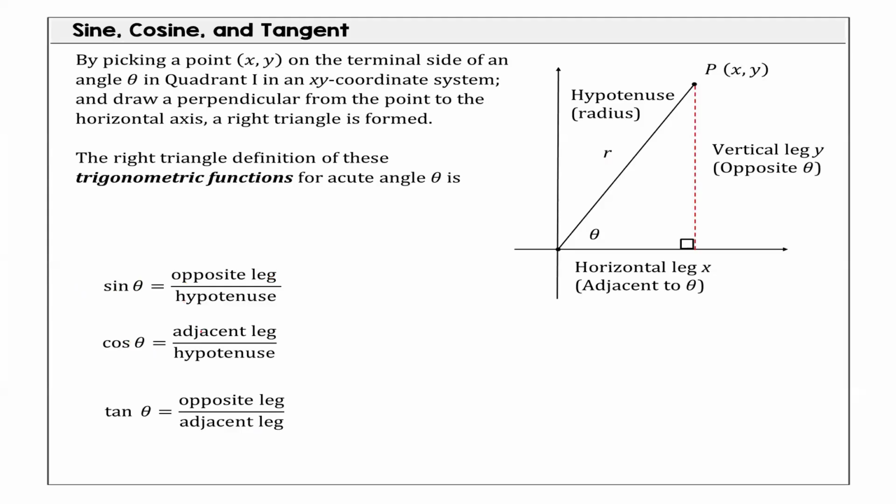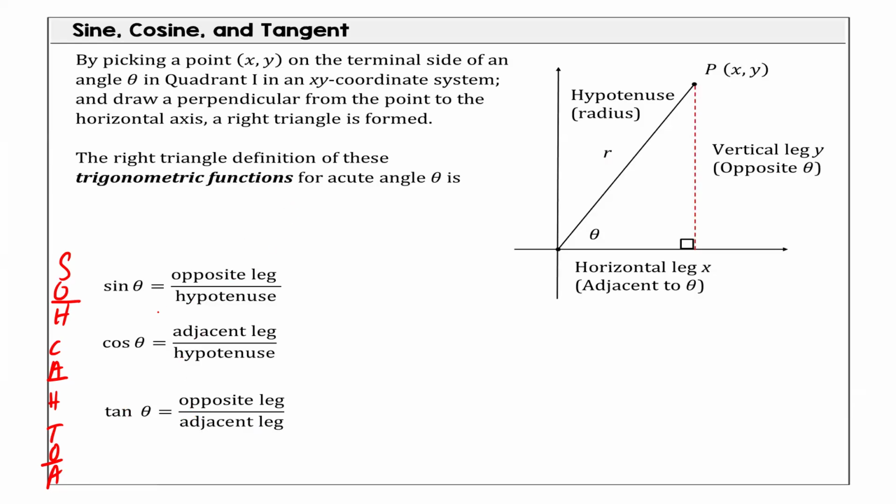Cosine theta equals adjacent leg over hypotenuse. And tan theta equals opposite leg over adjacent. When you write it out, it just helps you remember who is what. Geometry 101. Yes? Okay, now we're going to take what you learned in geometry and tie it into trigonometry.